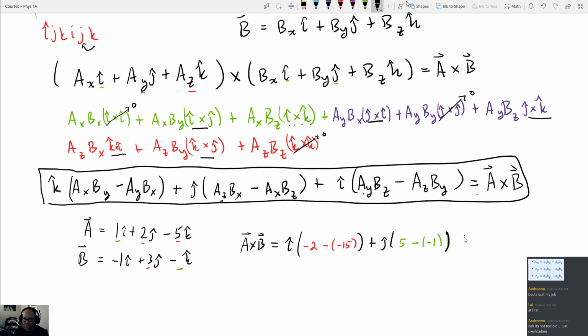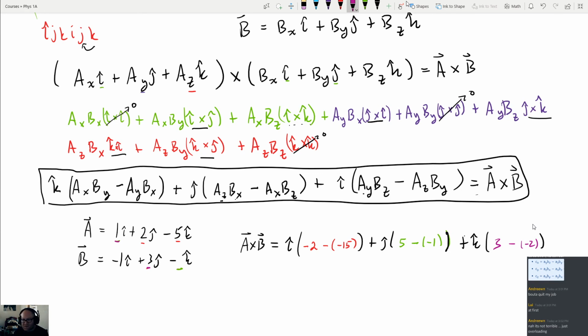And then there's a k-hat term, AXBY. So 1 times 3 is 3, minus 2 times negative 1 is negative 2. That's all you got to do.